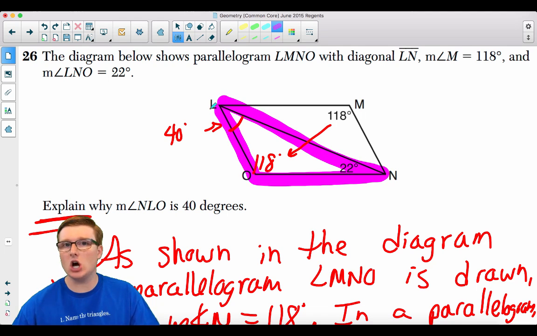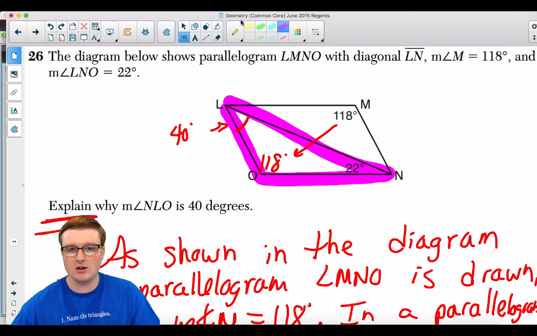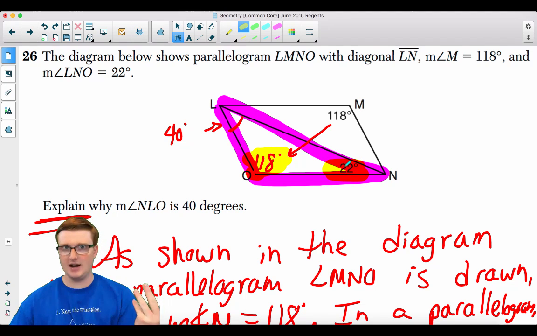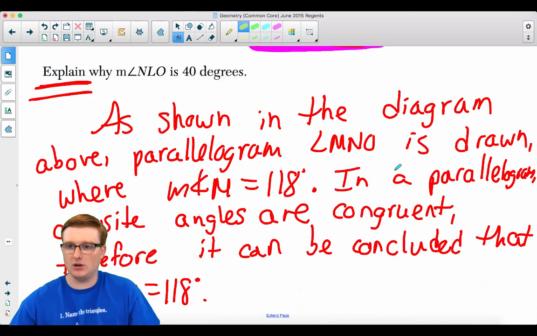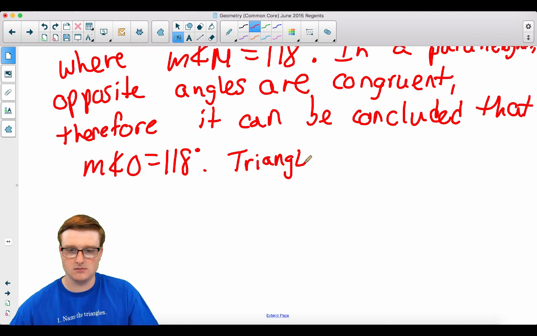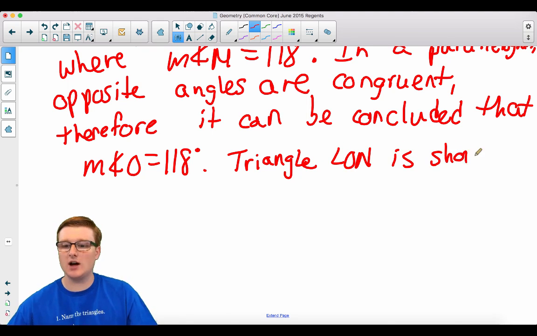And in a triangle, there's 180 degrees. So if you're given two angles of a triangle being 118 and 22, we could solve for the third angle by subtracting those two from 180 degrees. So now the next thing that I'm going to say is that triangle LON is shown. That's the triangle that I highlighted above.